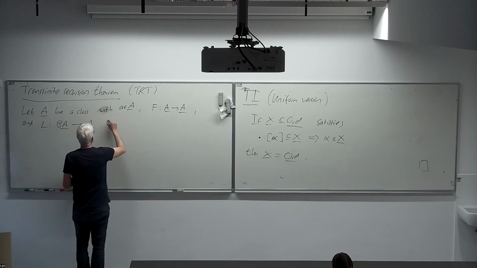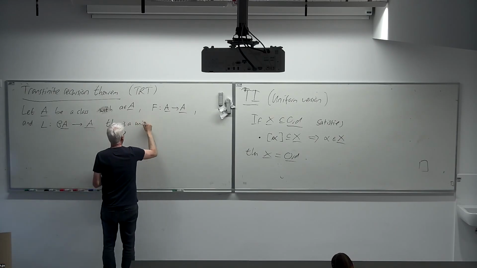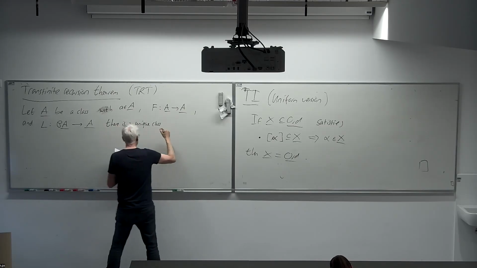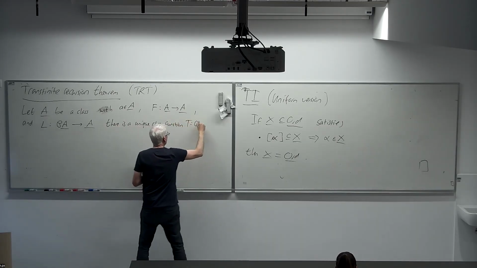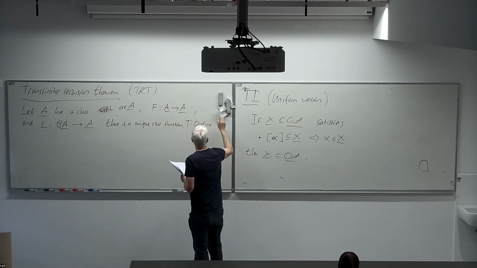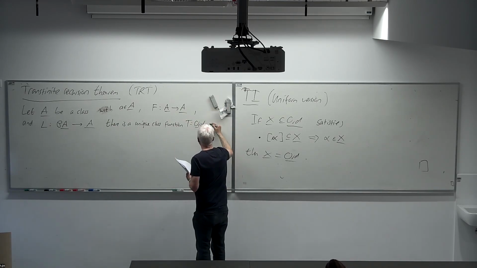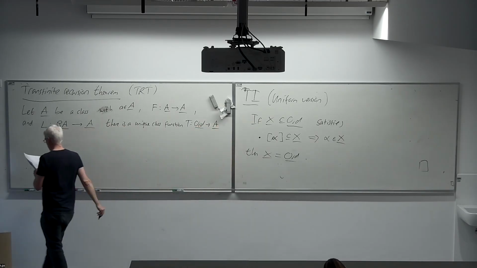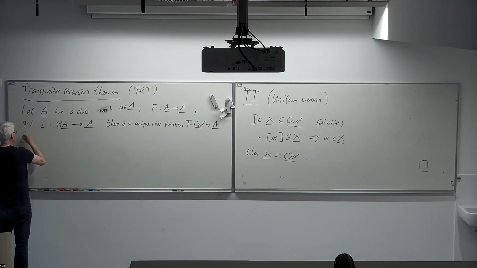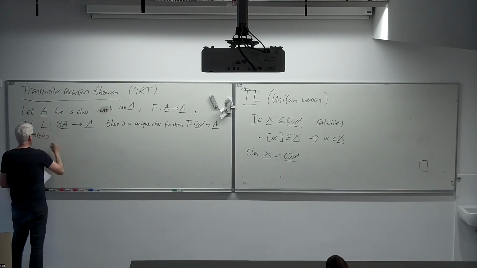So given that data, there is a unique class function T from the ordinals, the domain, to the codomain class A, satisfying the expected conditions.